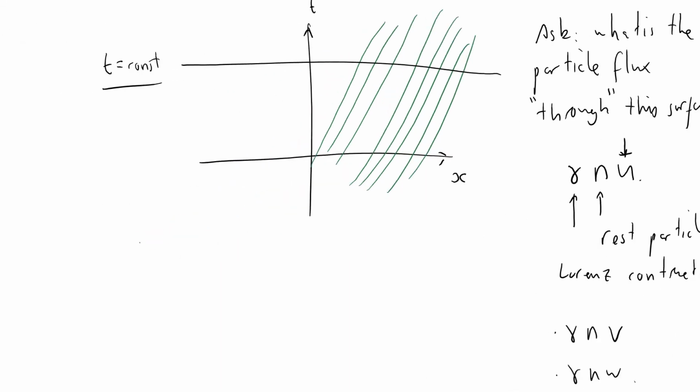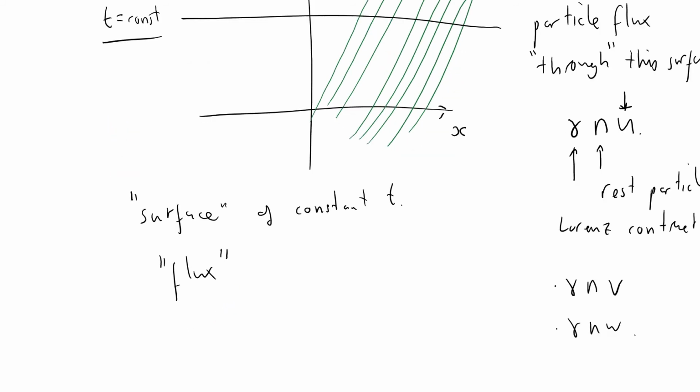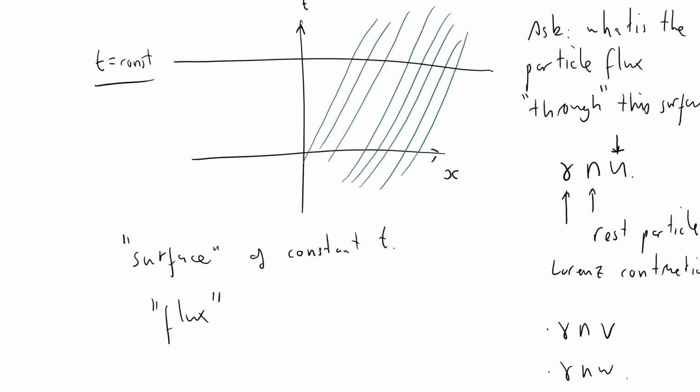Now I've got a surface, a scare quotes surface of constant t. And I'll ask, what's the flux? And again in scare quotes, because the meaning of the word flux isn't quite right. And again in scare quotes, through the surface of constant t.